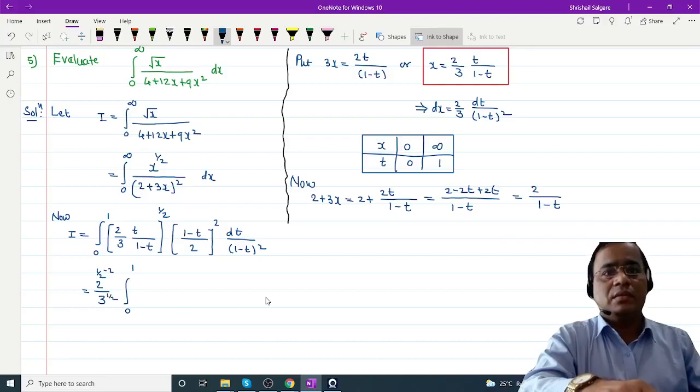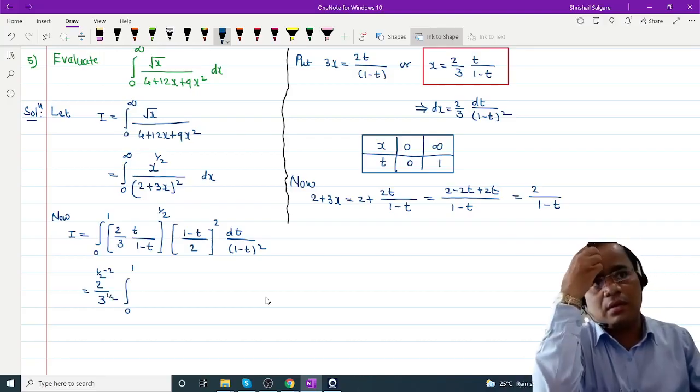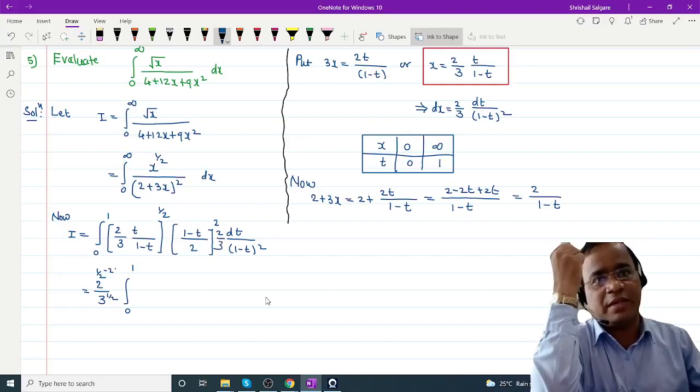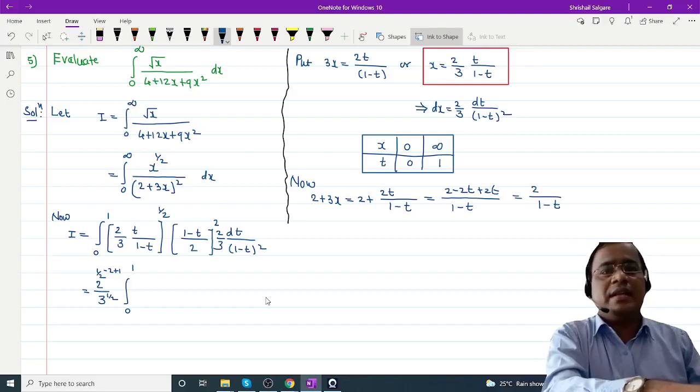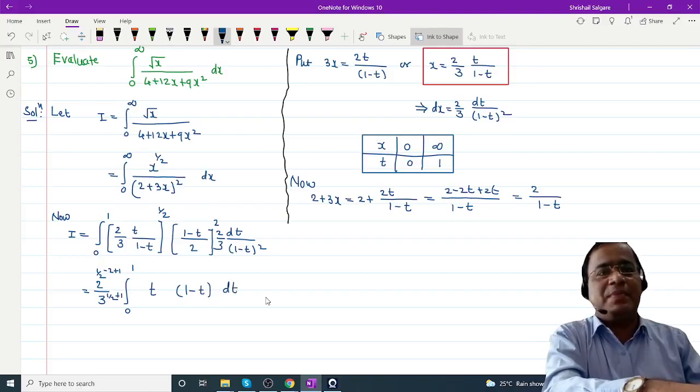So dx is 2 upon 3 into t upon t minus 1. Yes, I forgot to write 2 by 3, so again I have to take plus 1, right? Very good, thank you. And next 3 raised to 1 by 2 plus 1. Now the remaining are the t and 1 minus t terms. Can anyone tell the power directly?